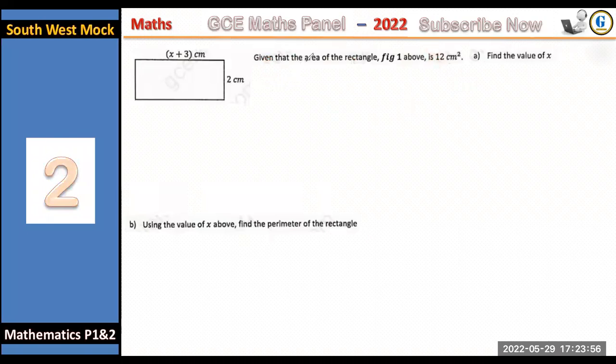Now, how do we find the area of a rectangle? Length times width. Therefore the length, which is x plus 3, times the width, which is 2, is going to give us 12 because the area is 12.